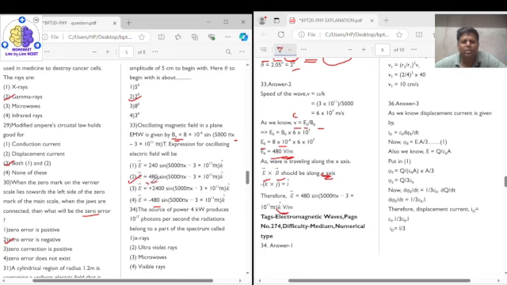Two things we have to see, that is the peak value of electric field. Peak value of electric field using the formula, V is equal to E naught upon B naught, and from where we get V, we get V from here, right? Wave velocity.